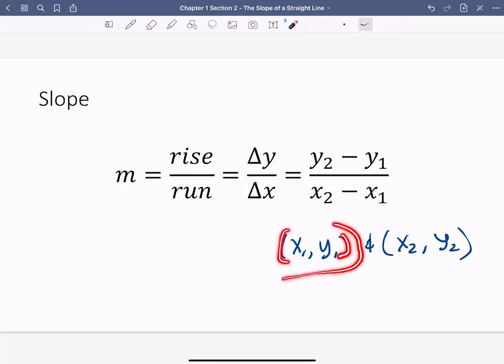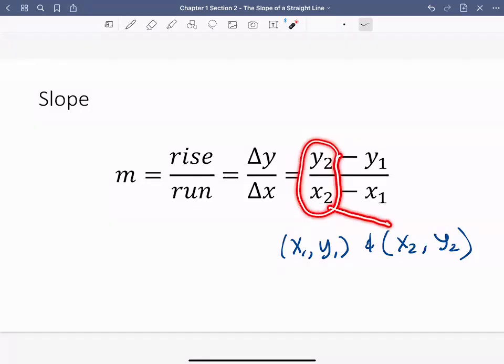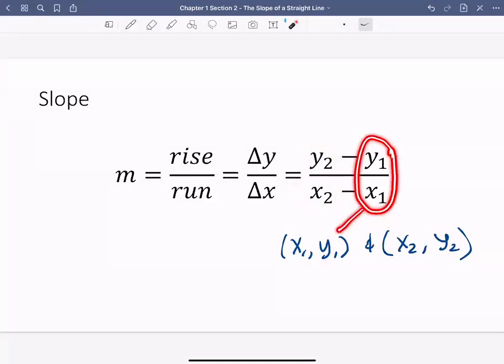This is one point right here, and then x2 and y2 come from the same point. In this case, it's going to be this point. y1 and x1 are the x and y values that come from this point here. That's really what the subscripts 1 and 2 are there for. That way you don't get them all crossed all over the place.